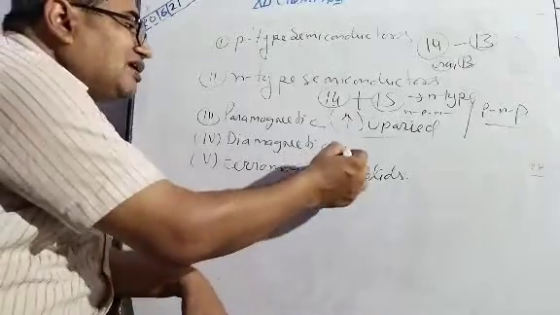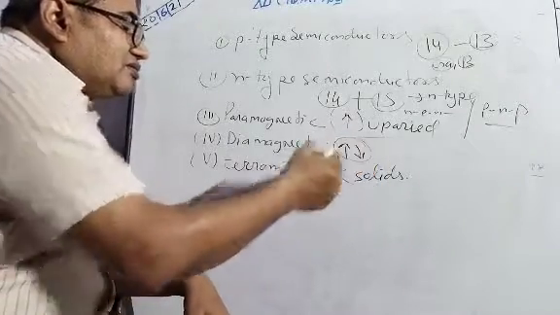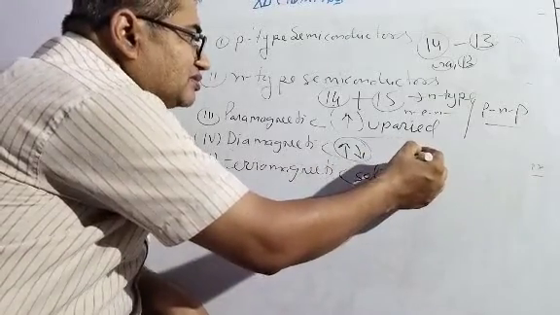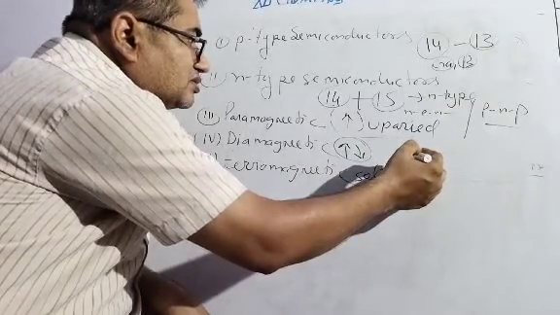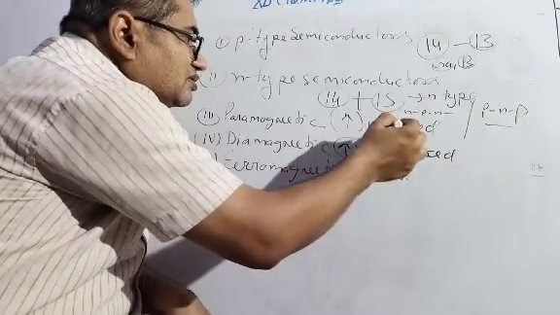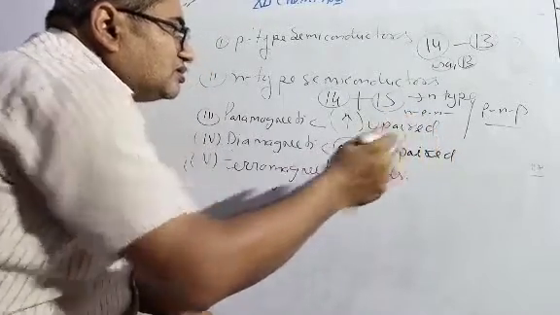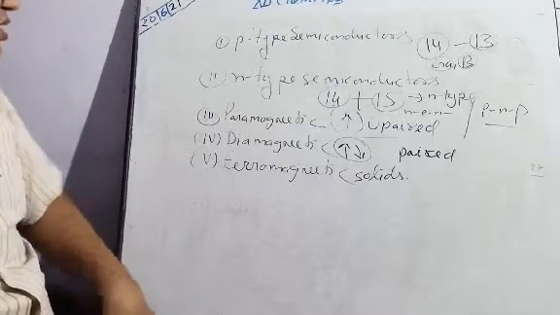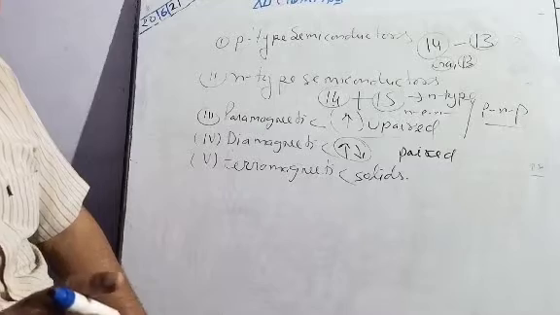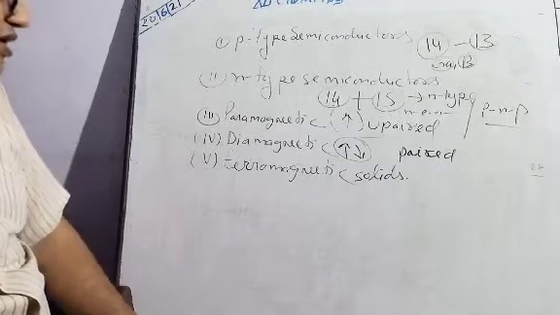If electrons are present in a paired condition, this is paired, that is diamagnetic, which is not attracted by any kind of magnetic field.